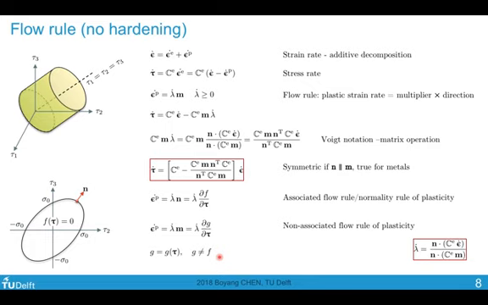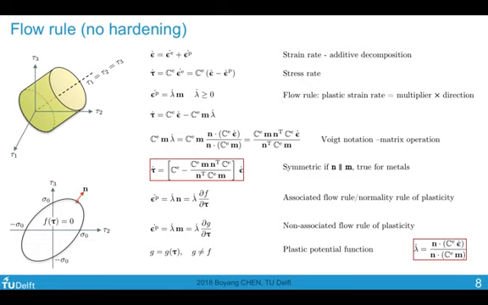This is the case with soil or concrete, where the friction and the influence of hydrostatic pressure cannot be neglected. However, for our purpose, which is mainly on metals, this is not an issue. We have the associated flow rule, which helps us simplify the problem. And g is called the plastic potential function.